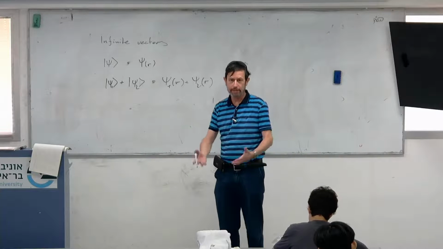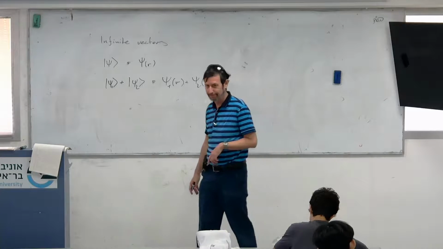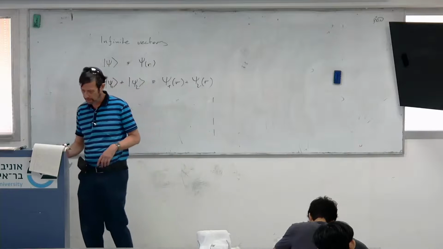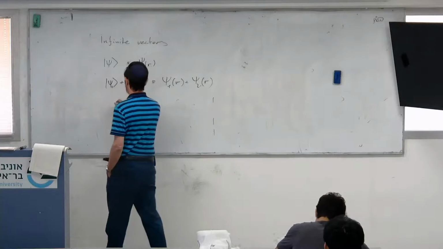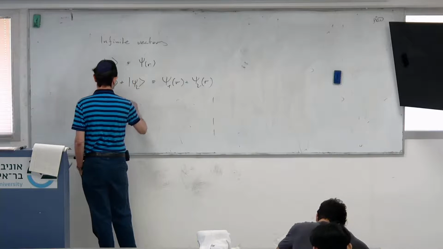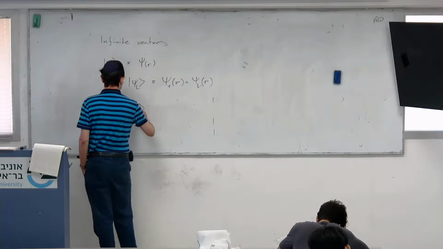Adding two vectors is adding two functions. What else do we need? Scalar multiplication.